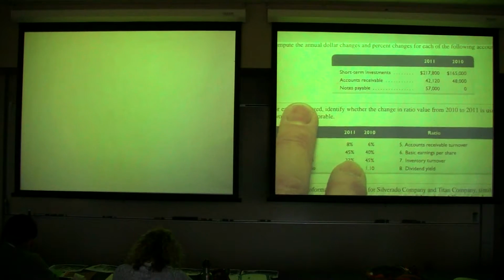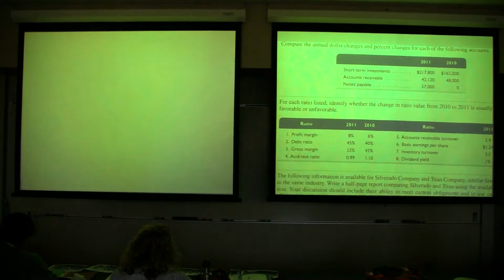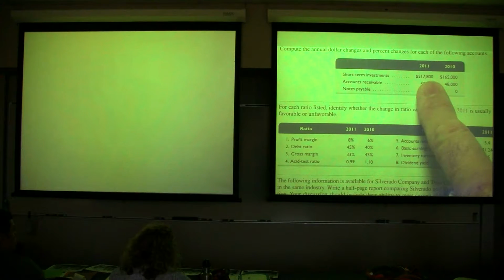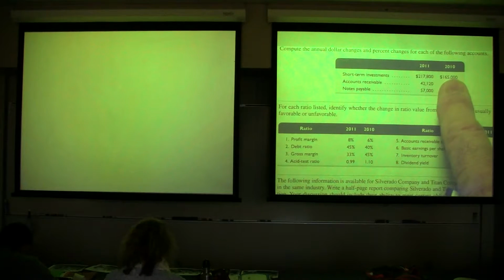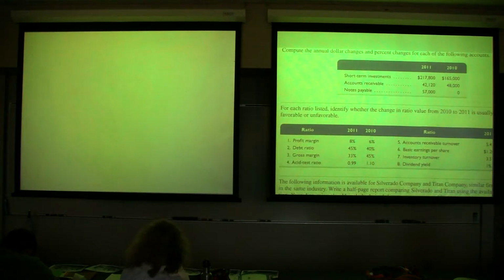It says, compute the dollar changes and percent changes for each of the following accounts. So here's short-term investments. So you have 2010, 2011. So it went from 165 to 217,800. So find the dollar amount, put that dollar amount over the earlier year, and that will give you the percentage of the change. You guys want to do that?